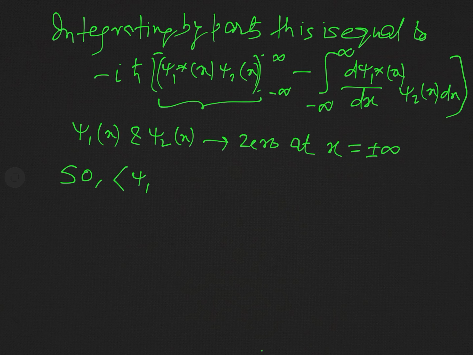So we will have psi1, px hat psi2 is equal to, see, this is 0, so the remaining term is this much, and this minus and minus will be plus.